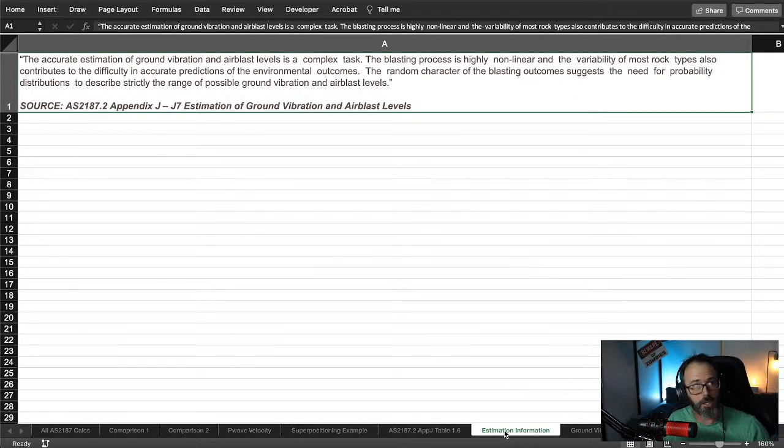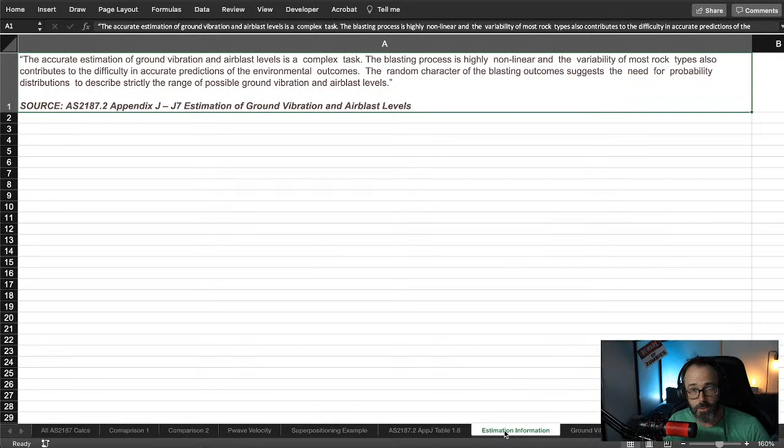It says that accurate estimation of ground vibration and air blast is complex, and it is, like I've said. Blasting is highly nonlinear, which means one condition might exponentially affect another condition, and a lot of it has to do with rock types.